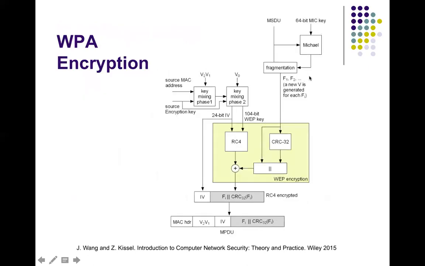So now let's look at WPA encryption. So this is WEP encryption. You can think of this part as a chip made for WEP. Because in designing WPA, one of the objectives is to use any existing WEP hardware.